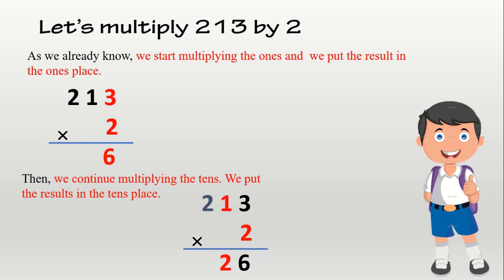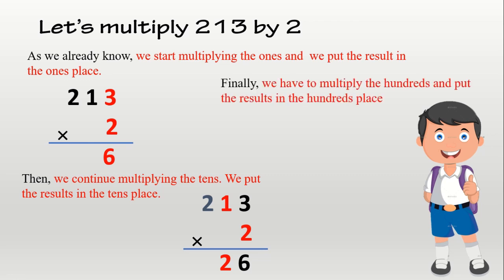When we multiply 1 by 2, it gives us 2. Very good. And finally, we multiply the hundreds and put the result in the hundreds place value. Let's multiply 2 by 2. How much will it be? 4. So 2 multiplied by 2 is 4. When we multiply 213 by 2, it gives us 426 as a result.